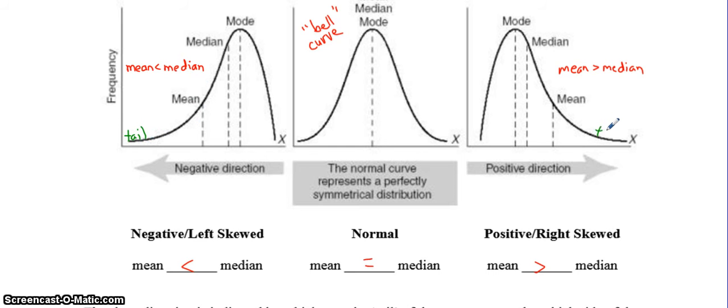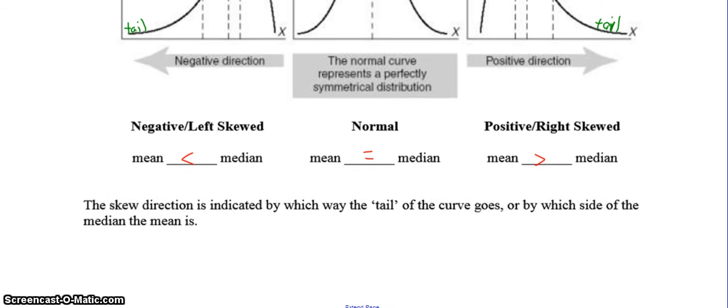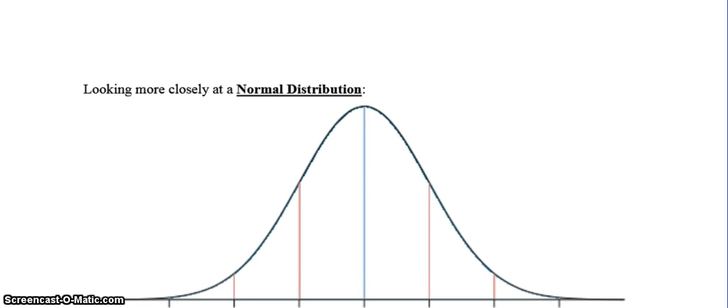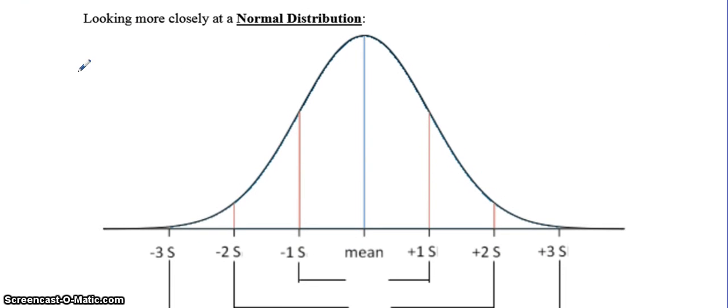Here, the tail is on the right, so it is right skewed. There are calculations that can be done to measure the amount of skewness in a distribution, but that's beyond the scope of the course. It could be something that you'd learn in a university statistics class. What we're really going to do is examine a normal distribution, because that's what we're going to be focusing on most.